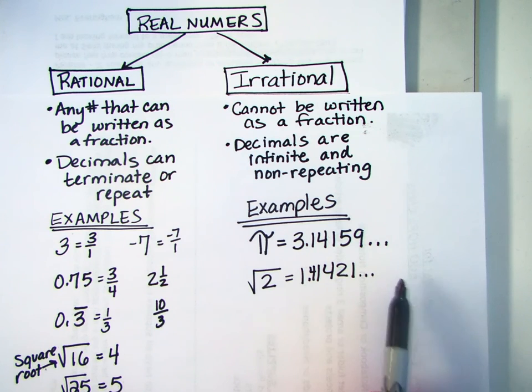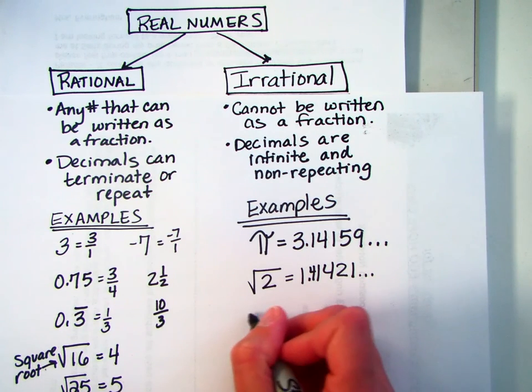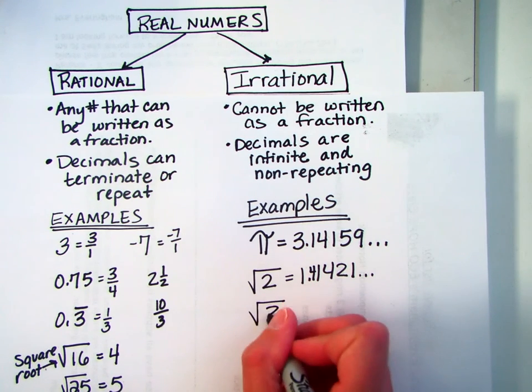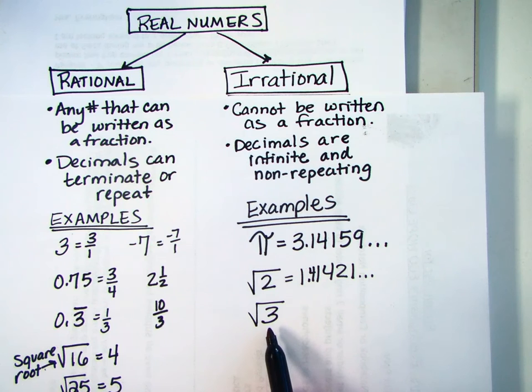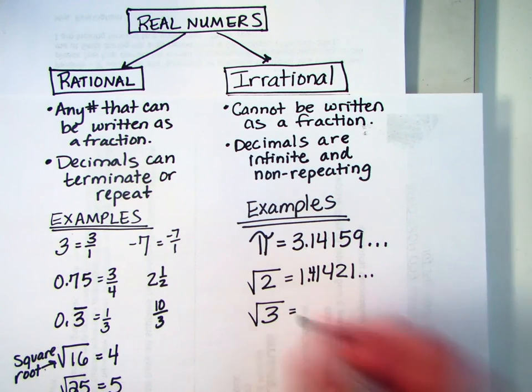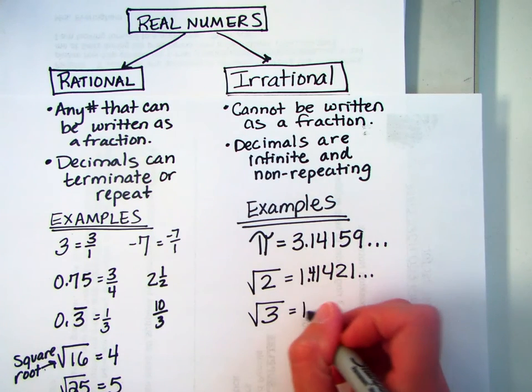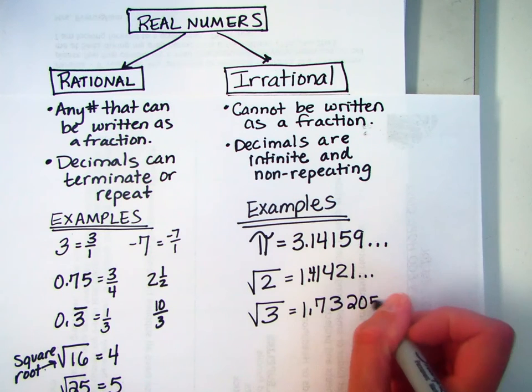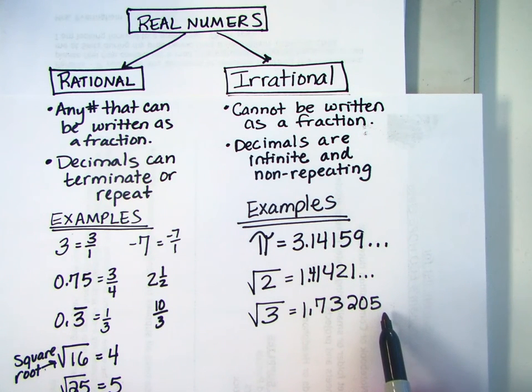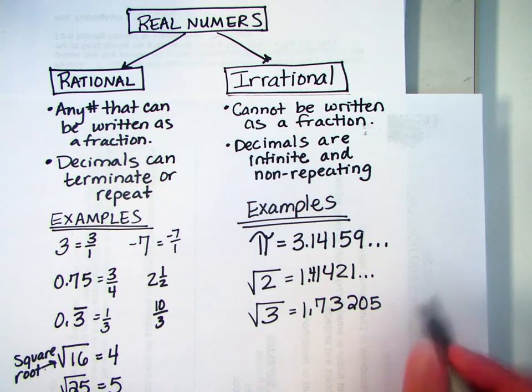Okay, same thing with the square root of 3. There's no number that you could multiply by itself to get 3. On the calculator, it comes out to 1.73205. Again, it stops on the calculator, but we need to know that it really goes on. It is infinite.